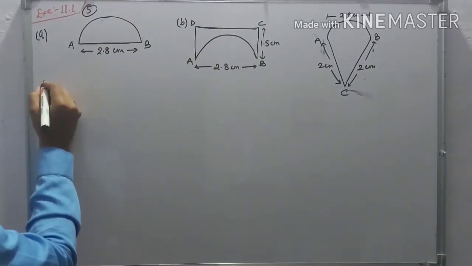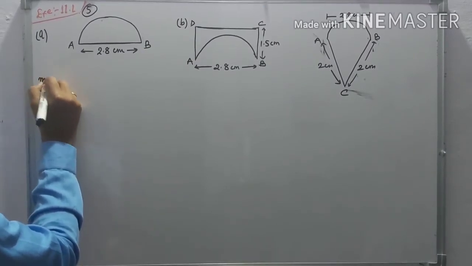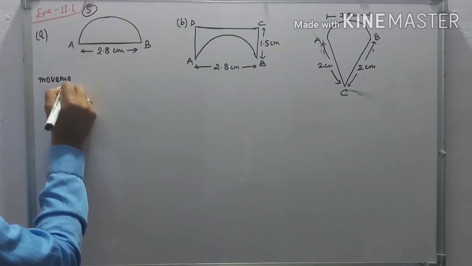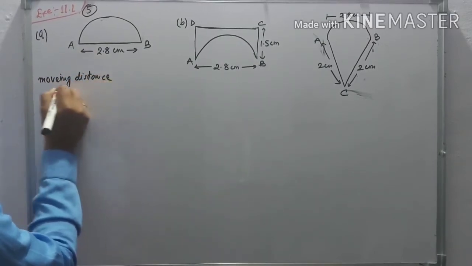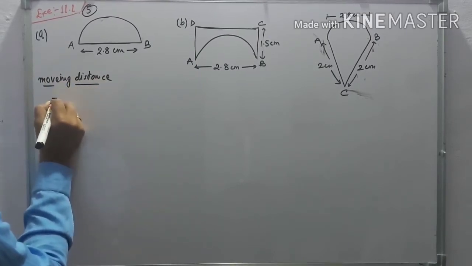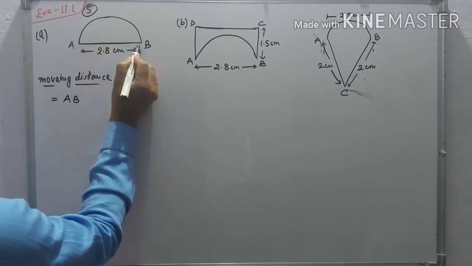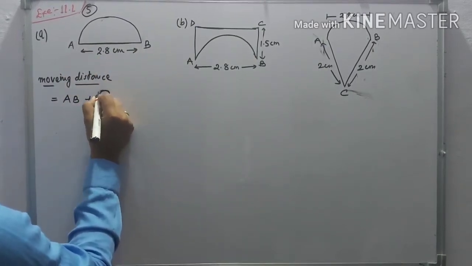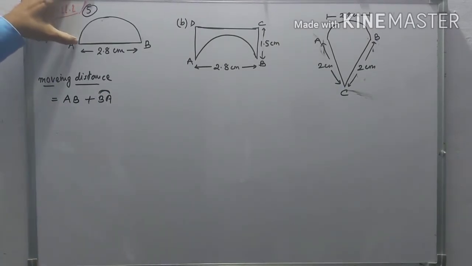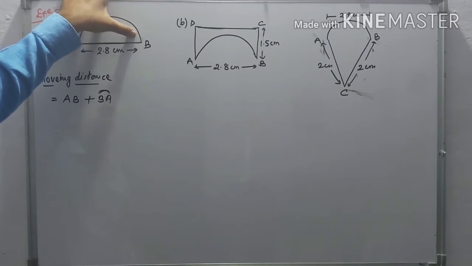First, the moving distance is equal to AB, from A to B, plus BA, the curve. The ant starts at point A, moves along the line AB, and then along the curve.